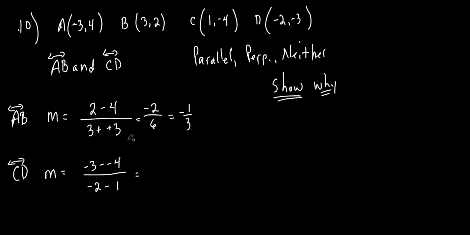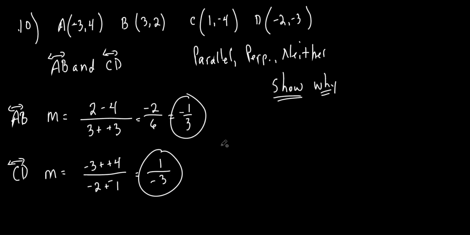Minus a negative is plus. What's negative 3 plus 4? It's 1. What's negative 2 minus 3? Add the opposite. That's negative 3. Now let's look at them. I got negative 1/3, I got negative 1/3. So what's true about these 2 lines? They are parallel.